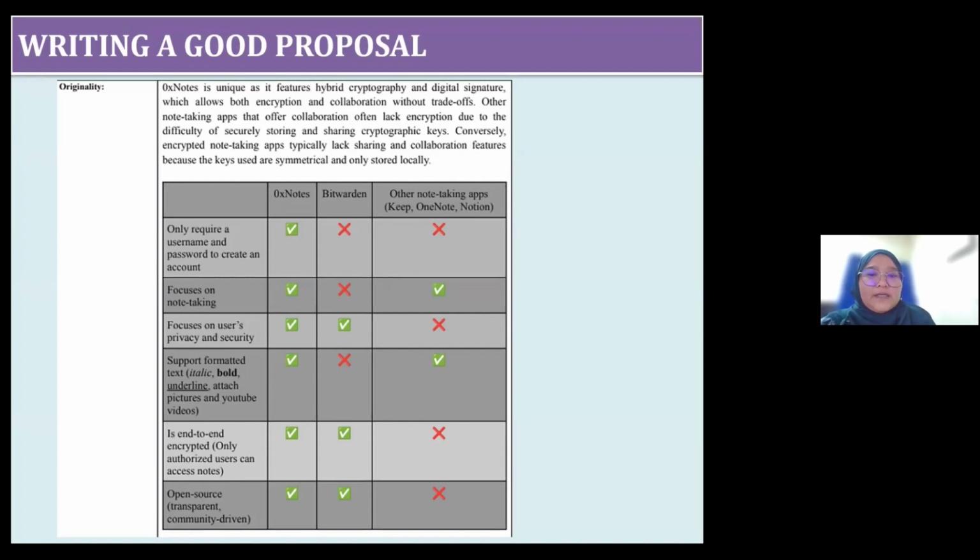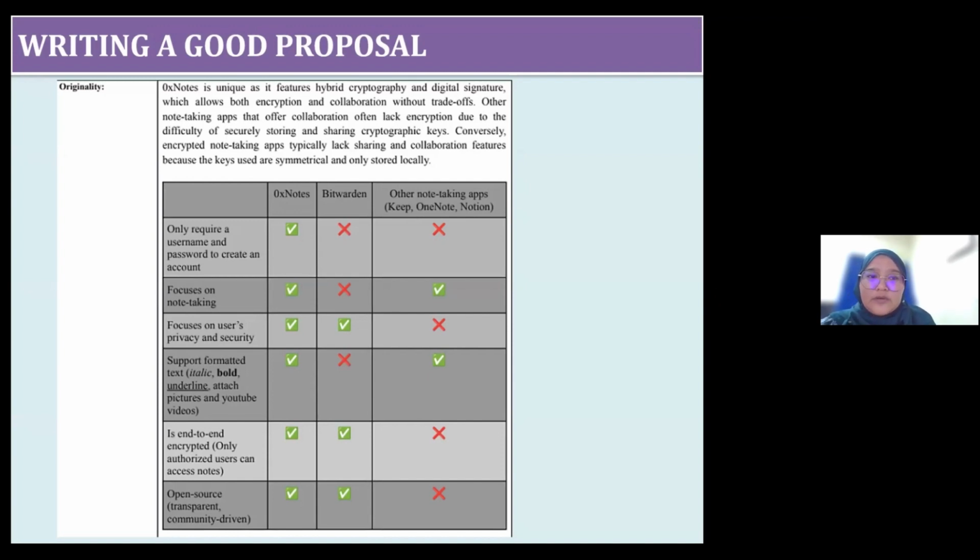You may be able to do this as well. It is much easier to highlight and show us the originality, the main differences between the existing product and the one you are going to produce, your innovation.